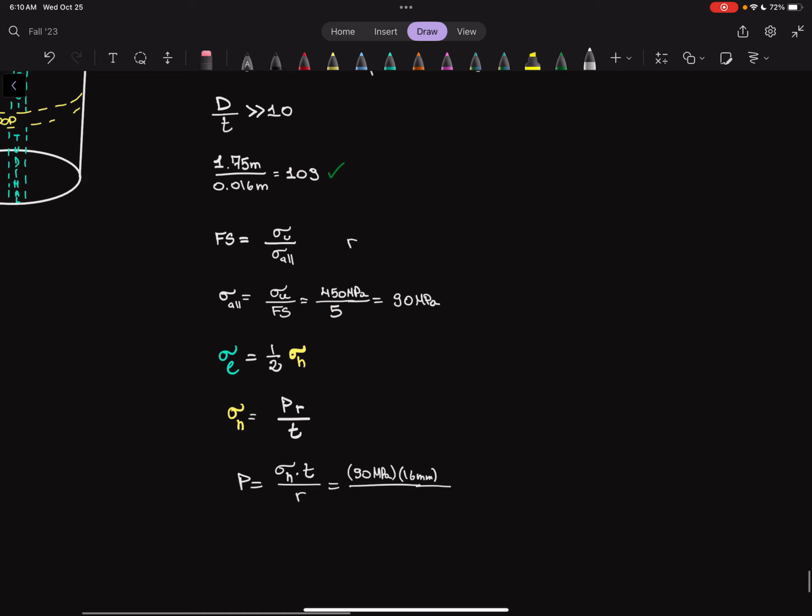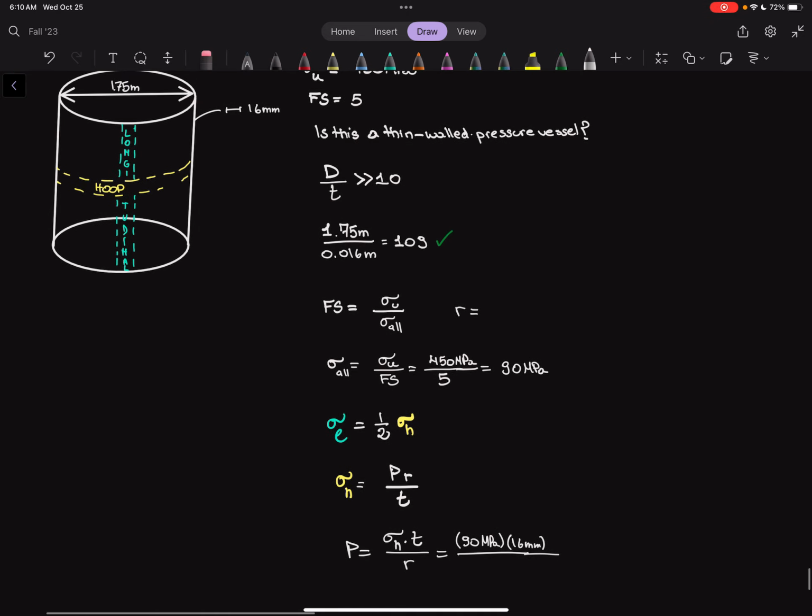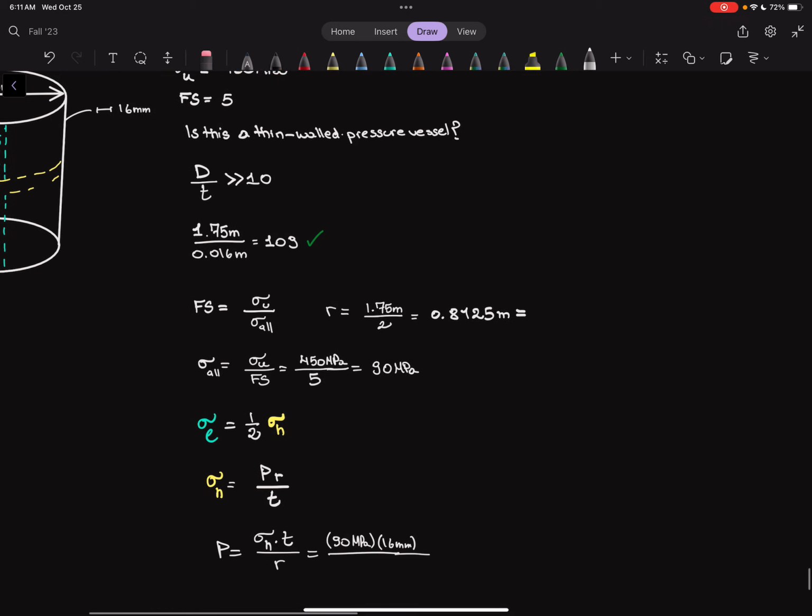So the radius is going to be what? Well, we have 1.75 meters that we can divide by 2. So that's going to be 0.8125 meters, which is equal, if you multiply by 1,000, to 812.5 millimeters. But we're not done, because you have to subtract the thickness.